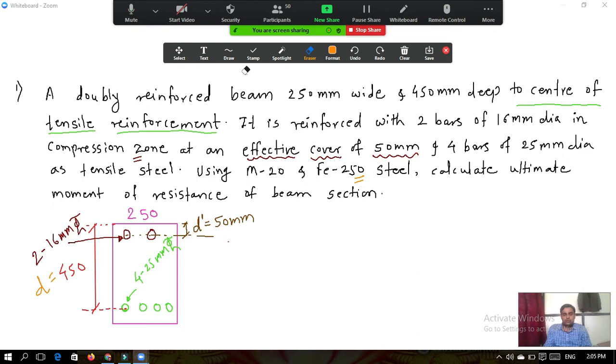If you put the value, then XU max is equal to 0.53 into 450. What is the answer? See, I don't have the answer. 238.5.